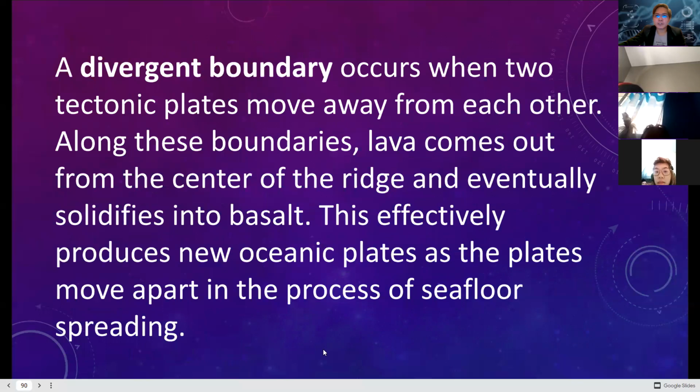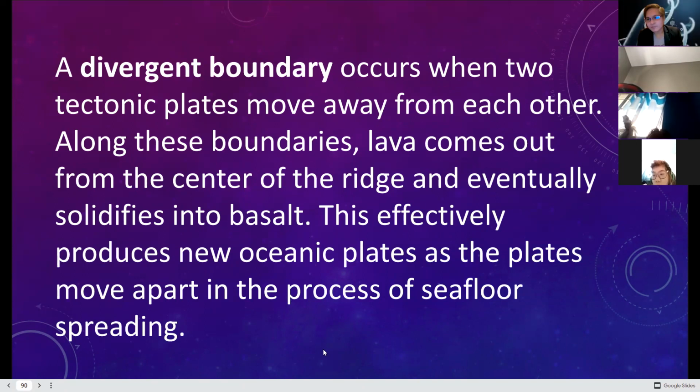Divergent boundary occurs when two tectonic plates move away from each other. If they are moving away from each other, they're actually called divergent boundary. Along these boundaries, lava comes out from the center of the ridge and eventually solidifies into basalt. These effectively produce new oceanic plates as the plates move apart, in the process of seafloor spreading.